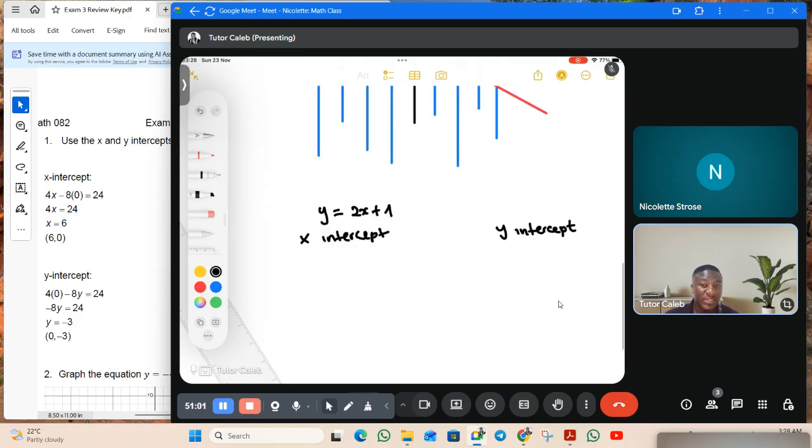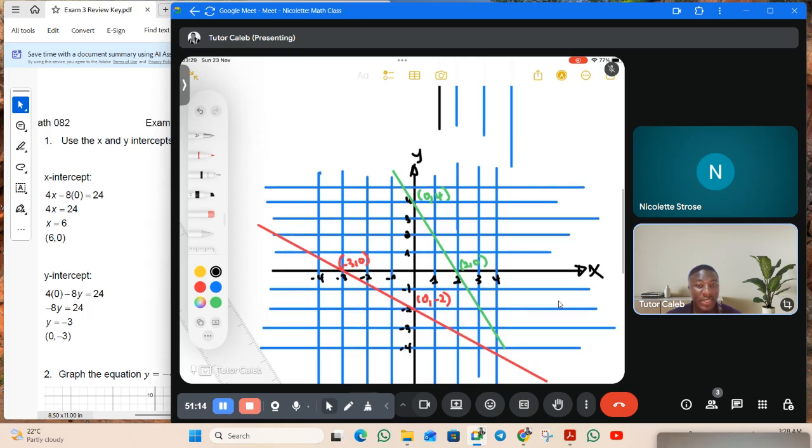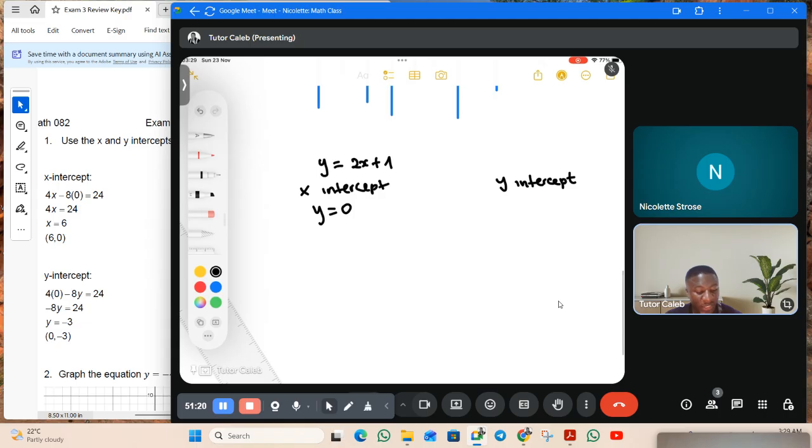So to find the x-intercept, you have to say y equals 0. That you know for sure. But for the y-intercept, you see that the x-coordinate is always 0. So for the y-intercept, x has to be 0. You accept this?